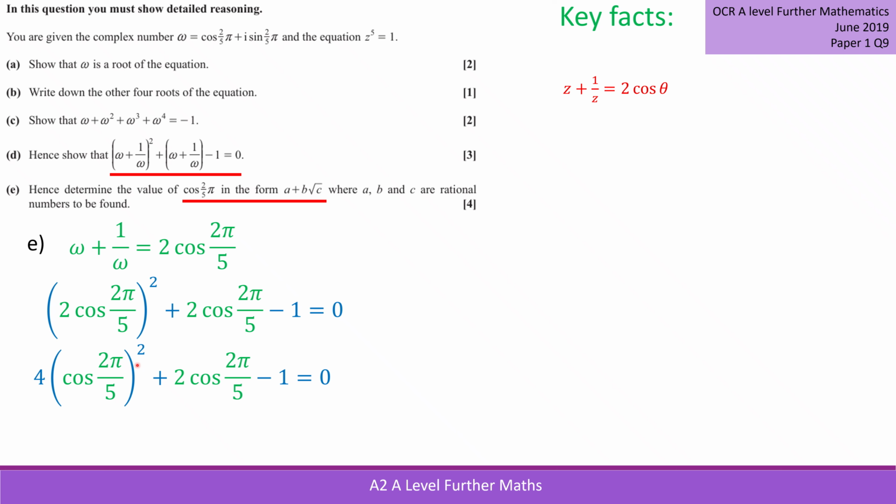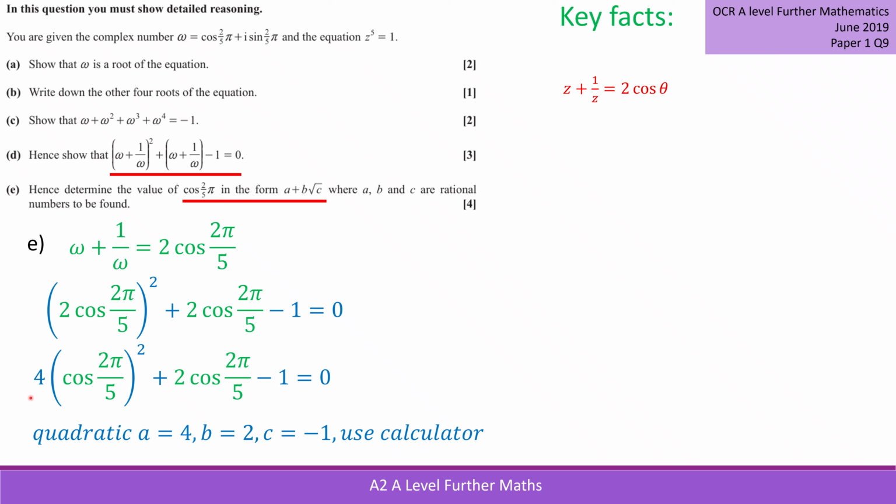Now you should spot that this is a quadratic. So you can see here I've got my squared term, my x term, and my constant. It is in the form of a quadratic where x is equal to cos of 2 pi by 5. So using your calculator, you can use the quadratic formula.